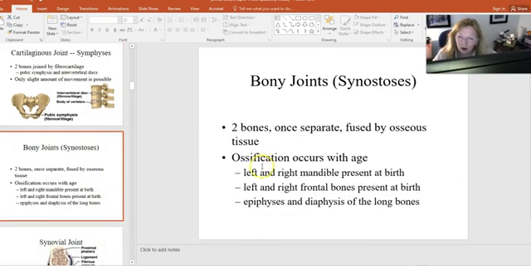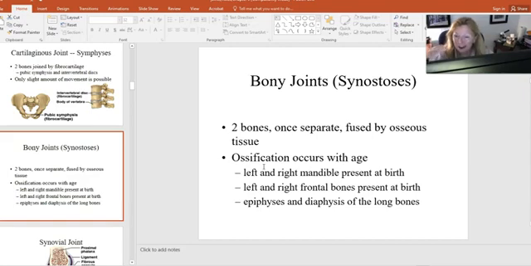There are some joints that, when the bones are maturing, will ossify. And this we've already addressed as well when we said that infants are born with about 270 bones, but as we get to adulthood, we have about 206. Well, we didn't lose any bones, but what happened is those bones ossified and came together.